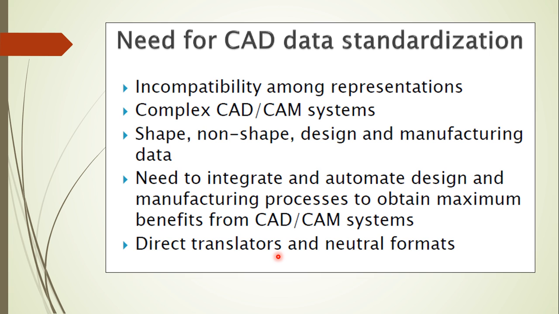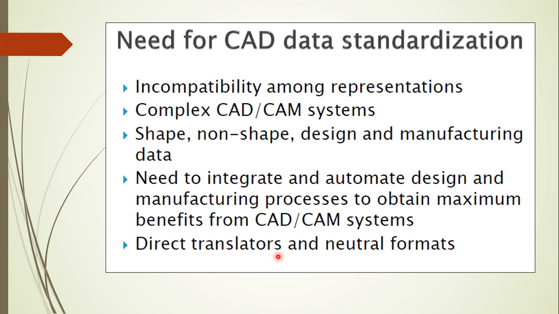If you are doing that, you need a neutral format, so that a single drawing or a single part model or a single assembly could be accessed in both the software without any loss of data. So that is the major need, or the major goal, for standardization.